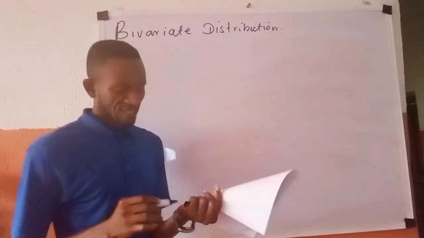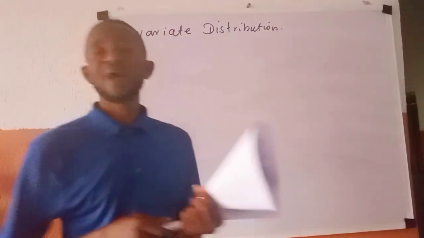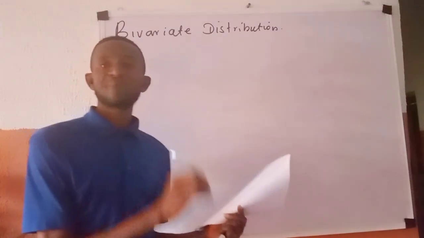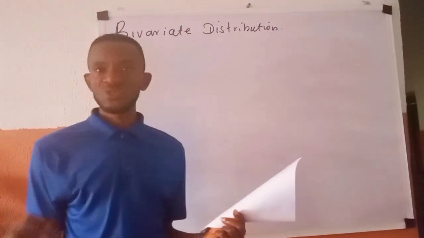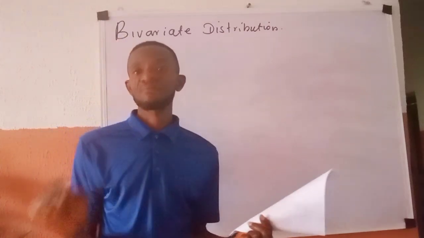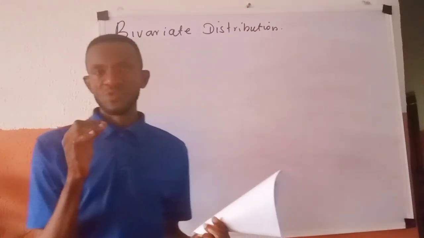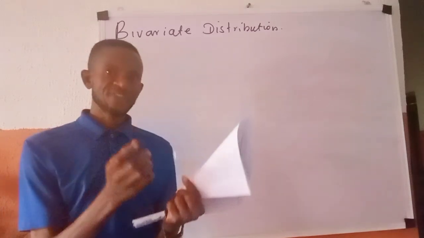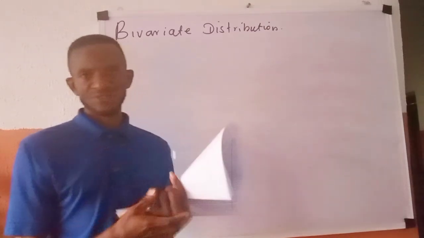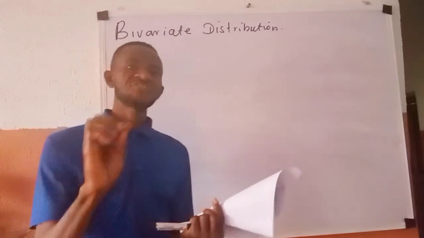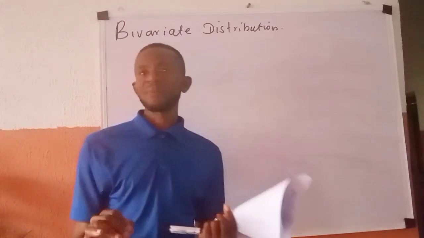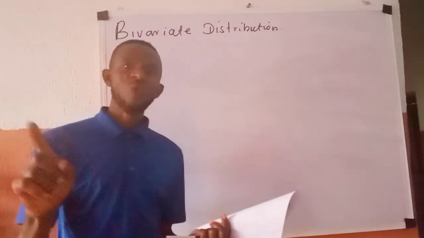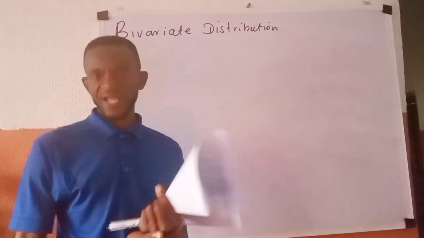So the question is, what is meant by bivariate distribution? What do we use the concept of a bivariate distribution to do in statistics and probability? Of course, the bivariate distribution is a statistical method or approach with which we can show the probability of two random variables, say x and y, occurring together.